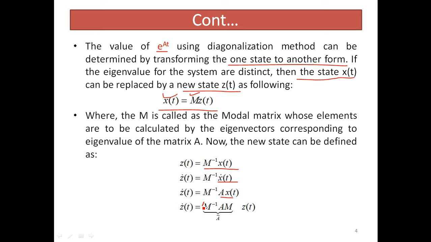So here what you are observing is another matrix: z dot t equal to M inverse A M z t. This M inverse A M resultant matrix is represented by A bar and would be a diagonal matrix, the system matrix for z dot t equal to A bar z t.